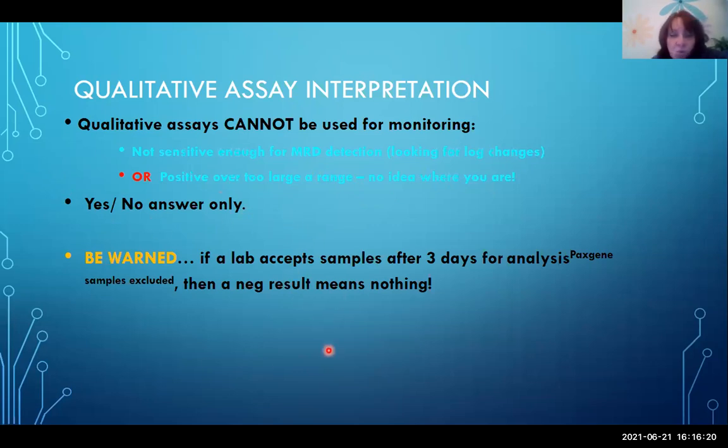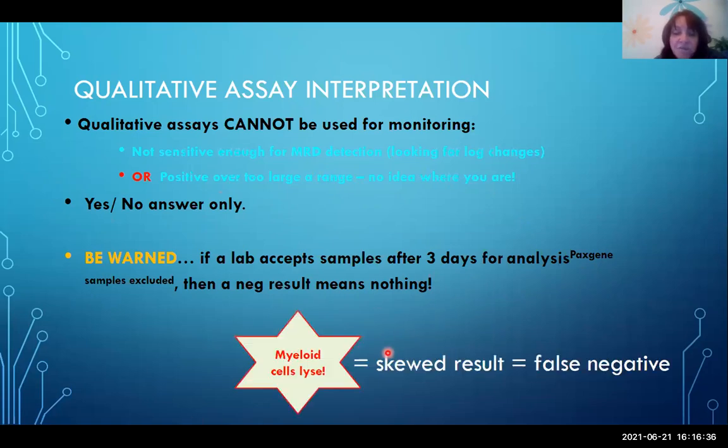And be warned, and I had to put this thing about the PAXgene based on last week's talk. If labs are willing to accept samples after 3 days for analysis in really any hematology test, then be warned, because the problem is that myeloid cells lyse fairly quickly. So you're going to get a skewed result. So say something, for instance, like a JAK2 V617F.